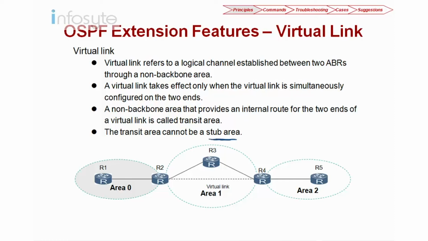So in this example, for area 0 R1 to talk to area 2, you need to define a V-link connection between R2 and R4.